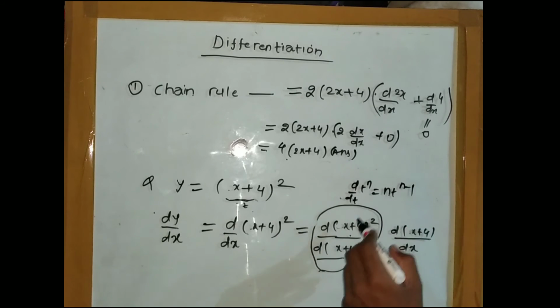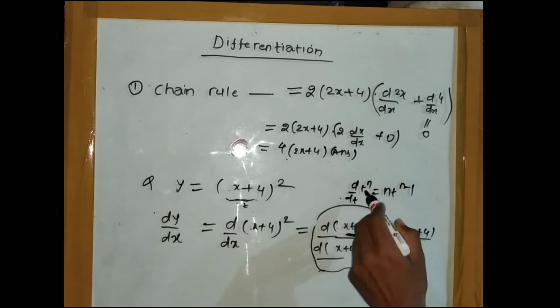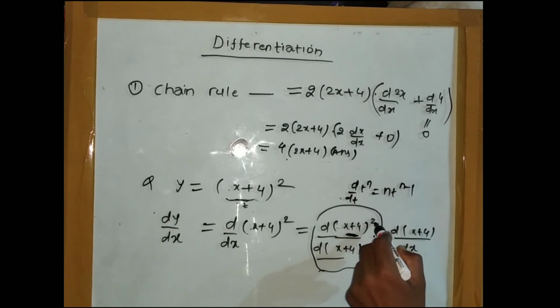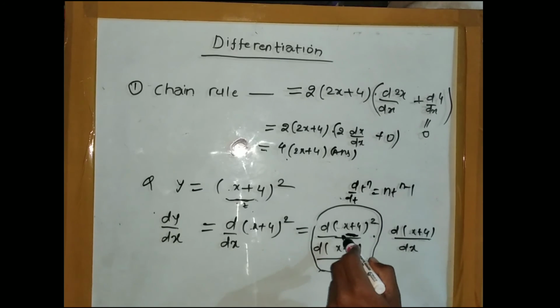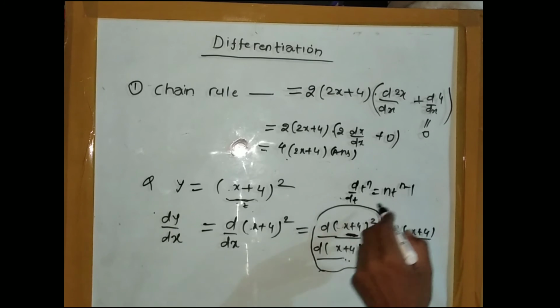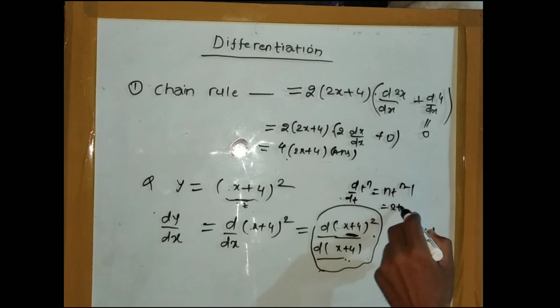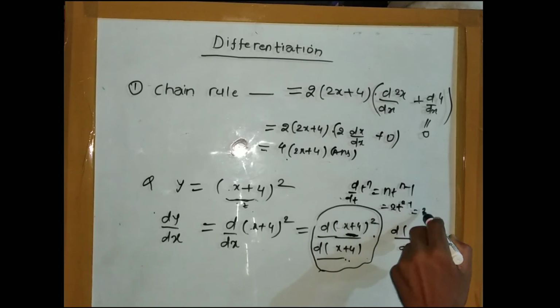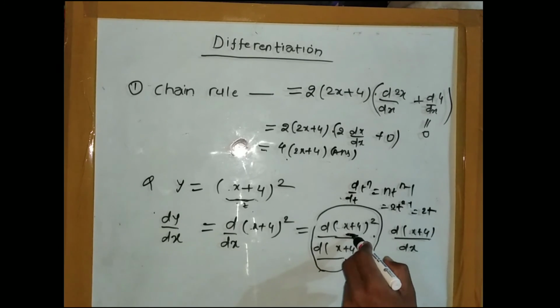So suppose t is equal to x plus 4. So (x plus 4) to the power 2, means d t square by dt, gives 2t, where n is 2 and 2 minus 1 is 1, and t is x plus 4.